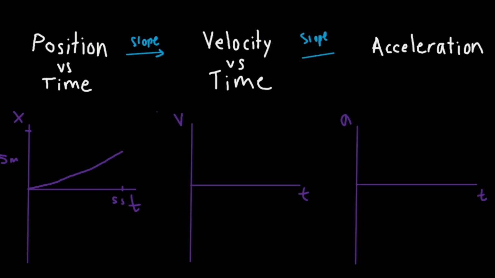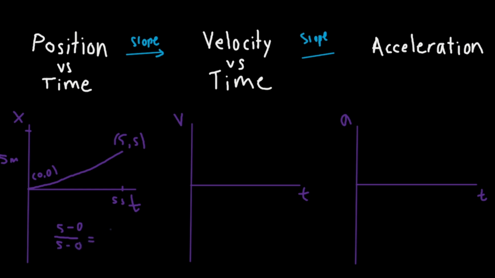To calculate the velocity of this, we take the slope of the graph. The starting point would be (0, 0), and the ending point would be (5, 5). We would use the slope formula, which is y2, 5, minus y1, 0, over x2, 5, minus x1, 0.